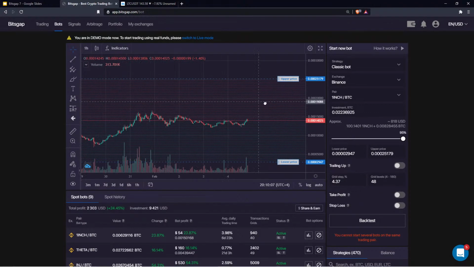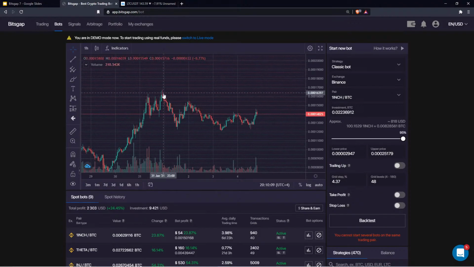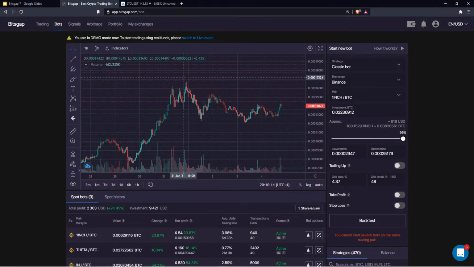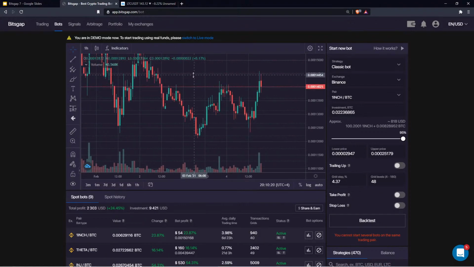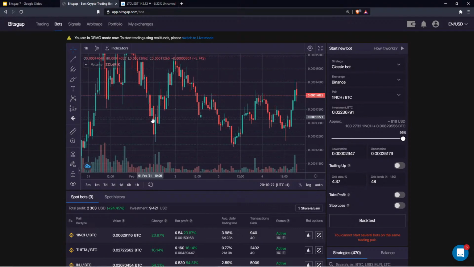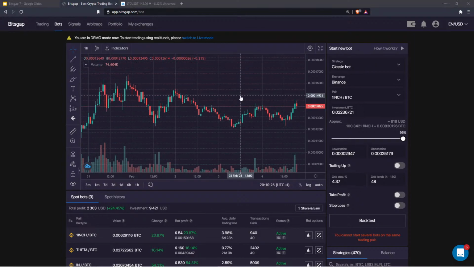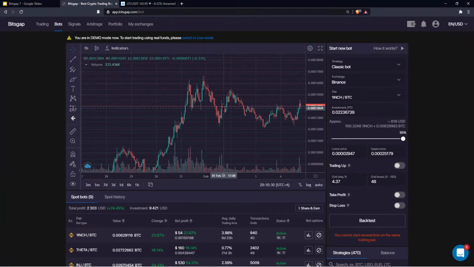So you see, for example, over here it seems like the price is in a sideways market formation. In this sideways market formation, it is able to seize these market swings. As you see, candles swing downwards and then upwards. So there are always these opportunities regardless of the market direction.